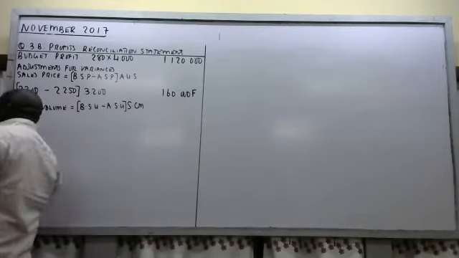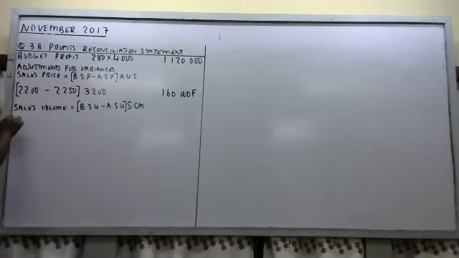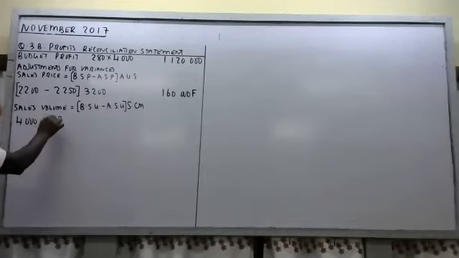So according to the budget, we were planning to sell 4,000 units, but we ended up selling 3,200.